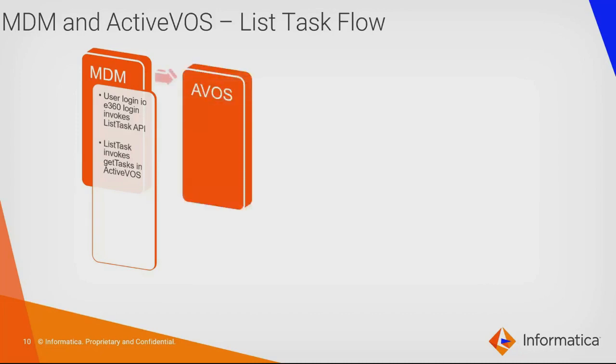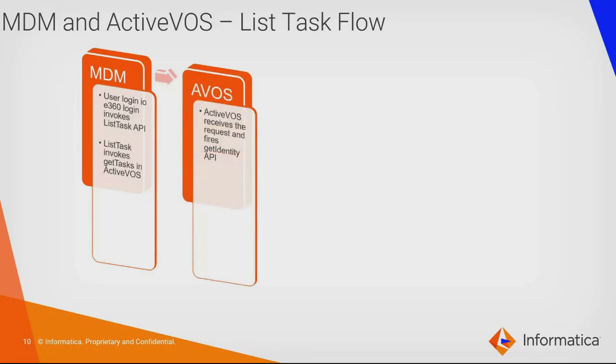Once ActiveVOS receives the API call to provide the tasks for a particular user, it will fire a get identity API, which relies on the MDM identity service to confirm what roles a particular user has in the MDM SAM setup.